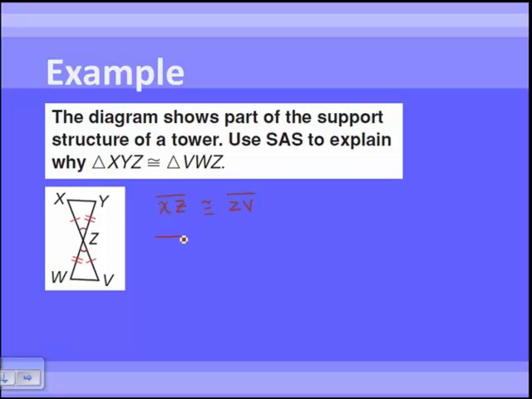So first, we're given that XZ, not XV, not the whole thing, XZ is congruent to ZV. And then the next thing that we're given is that WZ is congruent to ZY. So we've got two congruent sides. And then we can say that angle YZX is congruent to angle WZV by the vertical angles theorem.